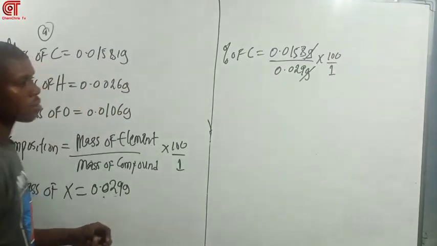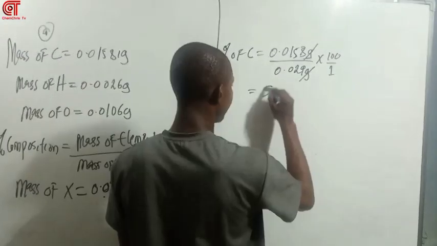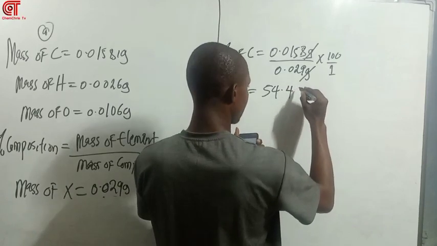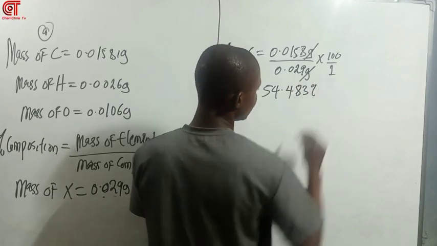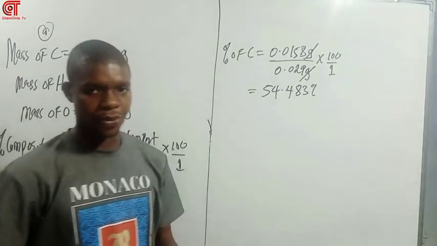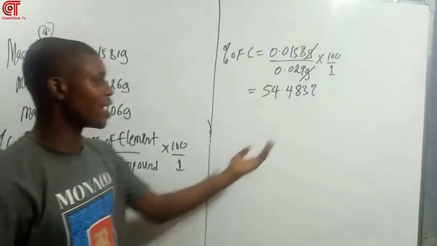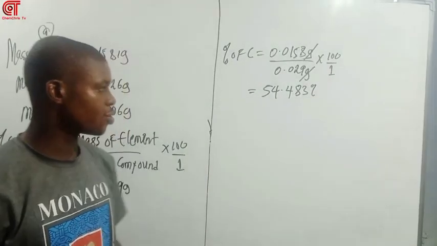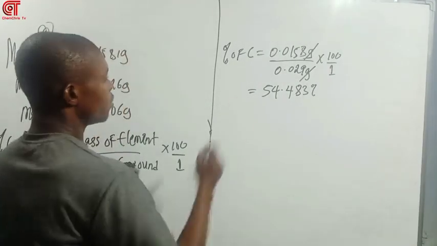So punch your calculator: 54.483%. It's advisable to leave the answer in 3 decimal points for accuracy. Don't leave the answer in 1 or 2 decimal points. So we are done for carbon.